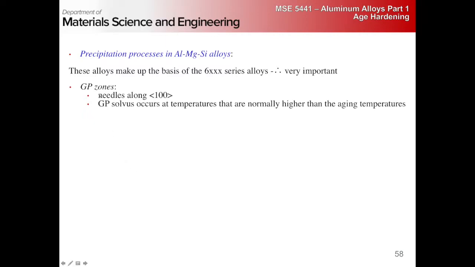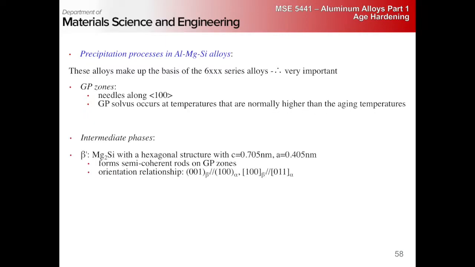So unlike pure aluminum magnesium, GP zones here form needles along the <100>. The GP solvus is higher than normal aging temperatures. We do have some intermediate phases, magnesium silicide, with a hexagonal structure.